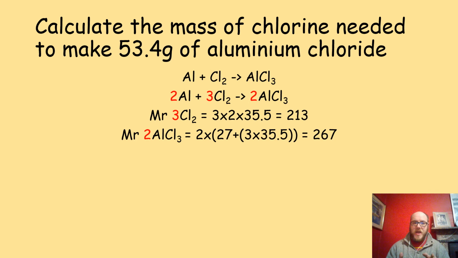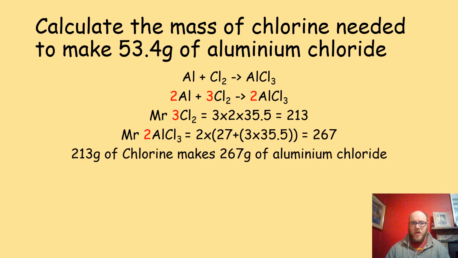Great. So now I have the relative molecular mass for 2AlCl3 and 3Cl2. So I can say that if I've got 213 grams of chlorine, I'm going to make 267 grams of aluminium chloride. And that's quite useful because now I can start to see how much one thing makes another thing.